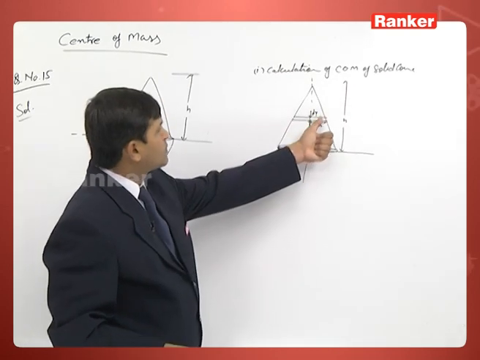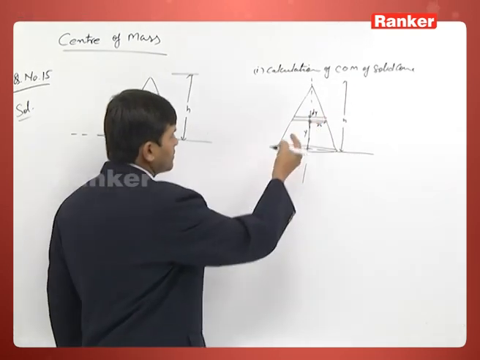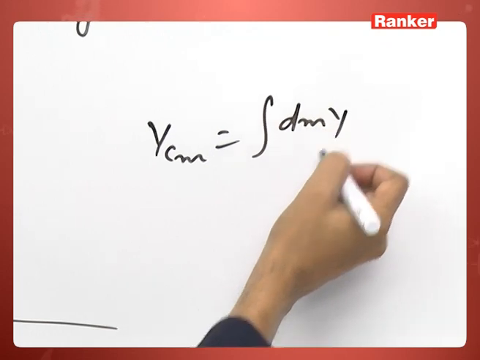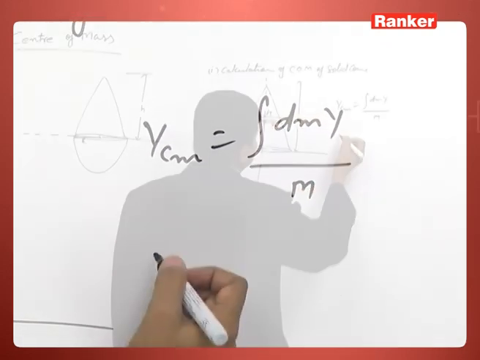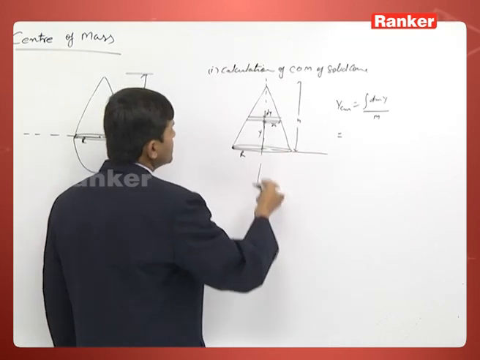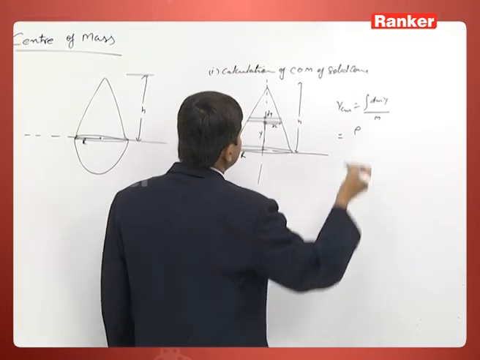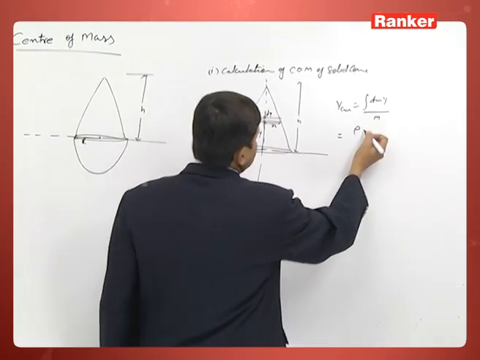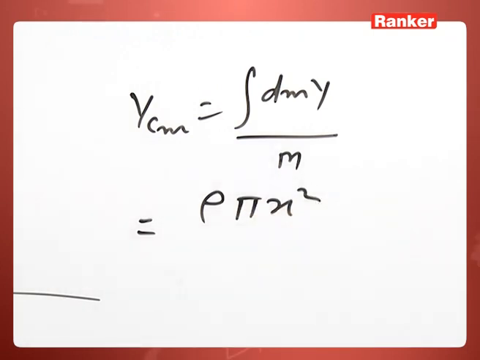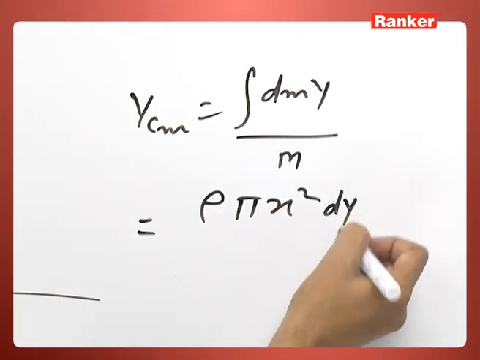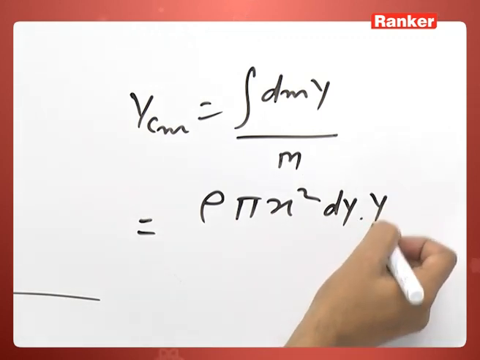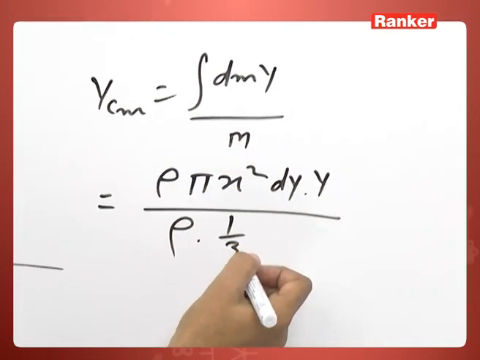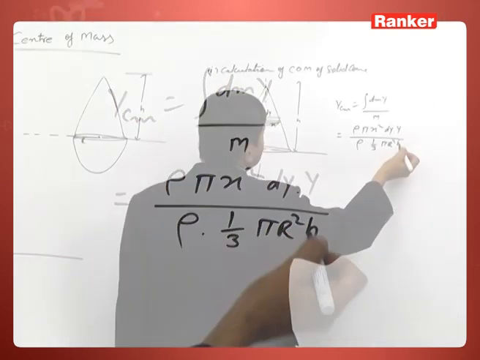So first I would like to calculate the center of mass of this. So first of all, YCM is the integral of dm into y by total mass. So dm is the mass of this, meaning mass per unit volume, rho, and area of that, pi x square into dy, into y, by rho into volume, which is 1 by 3 pi r square into h.